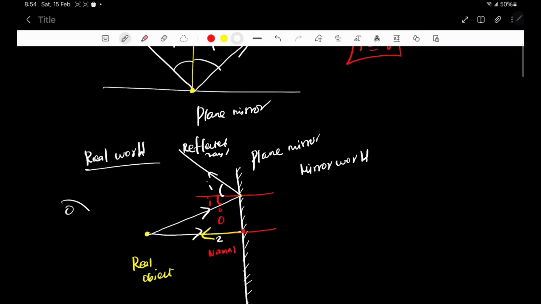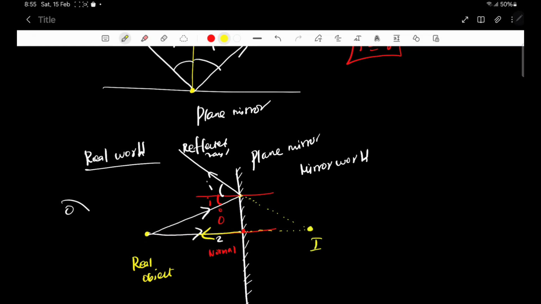As far as the external world is concerned, these two reflected rays seem to be coming from an image of the object. Which means if we backwardly extend these reflected light rays, they seem to meet somewhere inside the plane mirror. That's where the image will be formed.